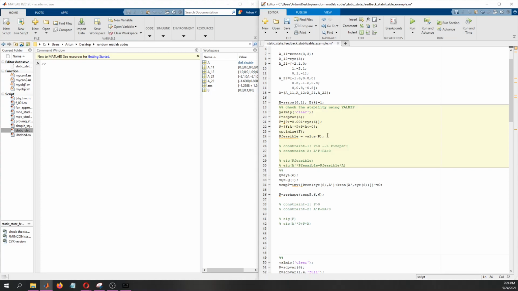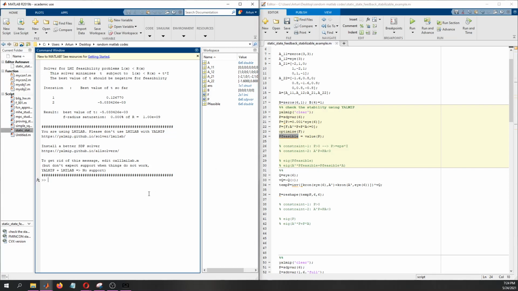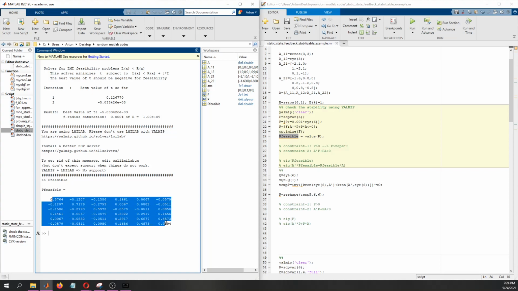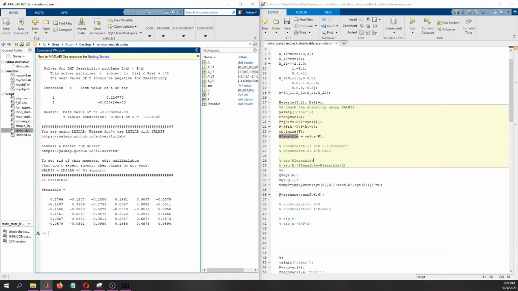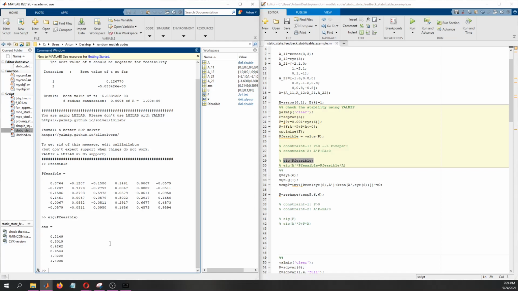Okay, let's just run this. YALMIP is complaining about something. Let's just run this. This is the feasible P, and let's look at the eigenvalues of P feasible, and these are all positive, which means P feasible is positive definite.